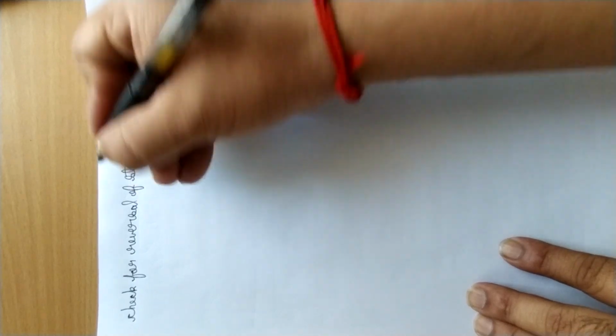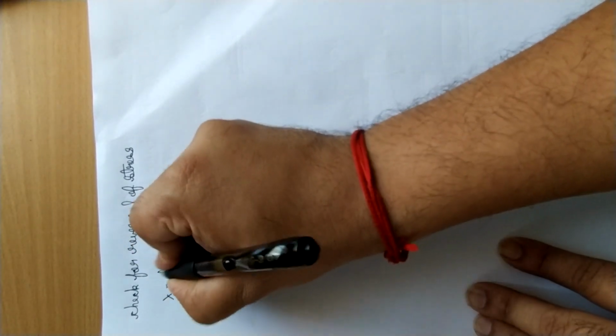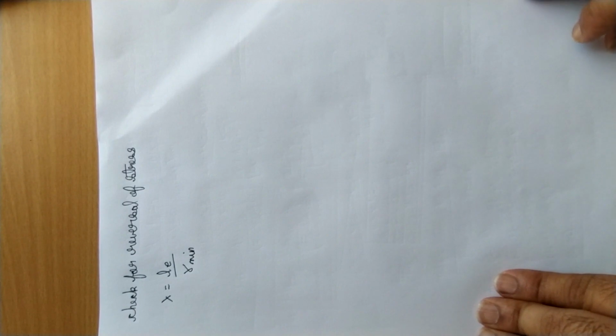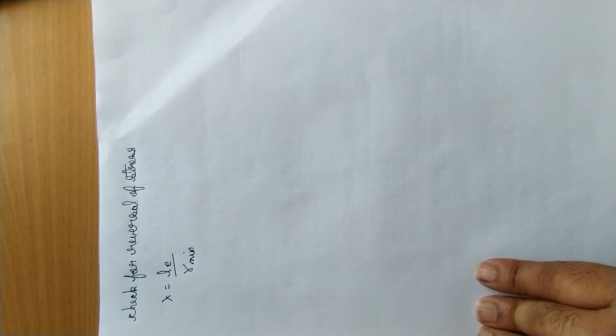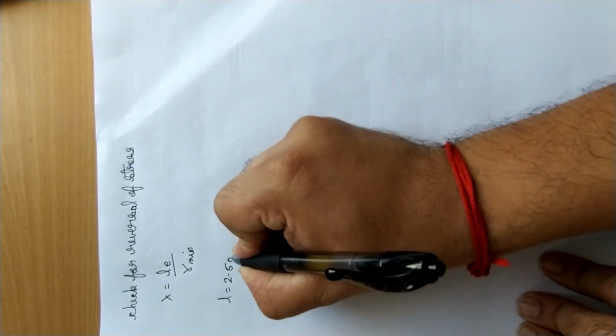So this is nothing but slenderness check, that is nothing but lambda. So lambda is nothing but LE divided by R minimum. So in the question they have already given the length, which is 2.5 meter. So 2.5 meter is the full length. L is equal to 2.5 meter.